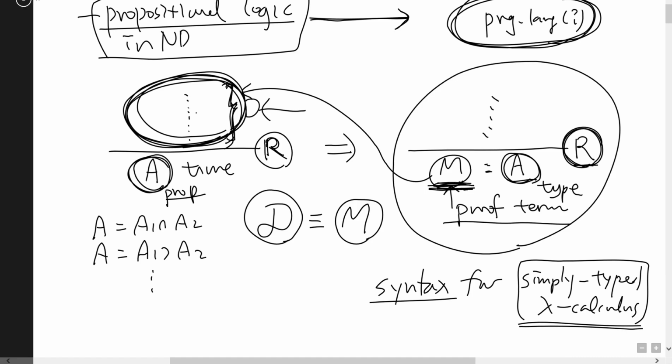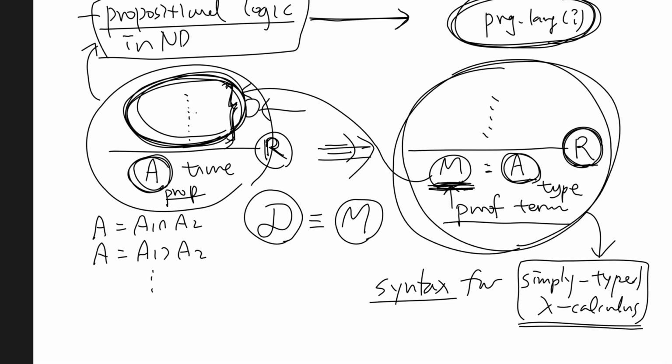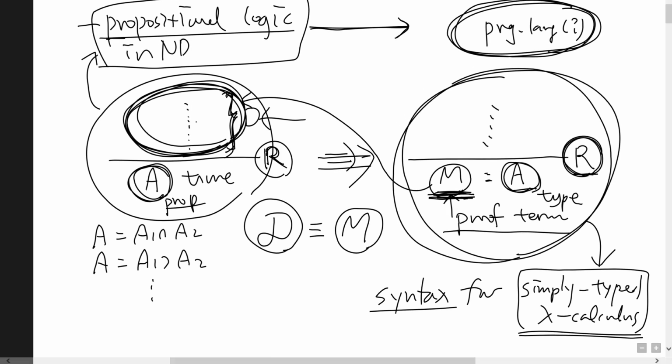So we can systematically derive these inference rules for simply typed lambda calculus from the inference rules for propositional logic. Okay, that's how the Curry-Howard isomorphism is going to work on propositional logic.